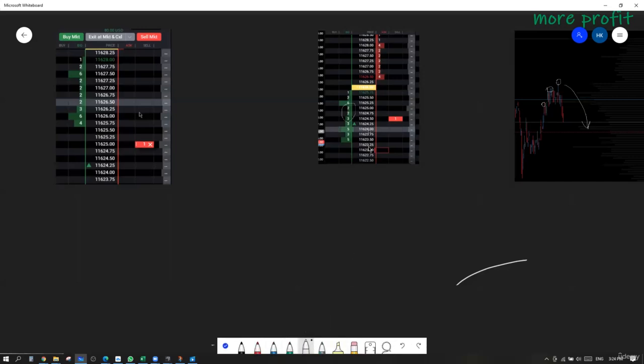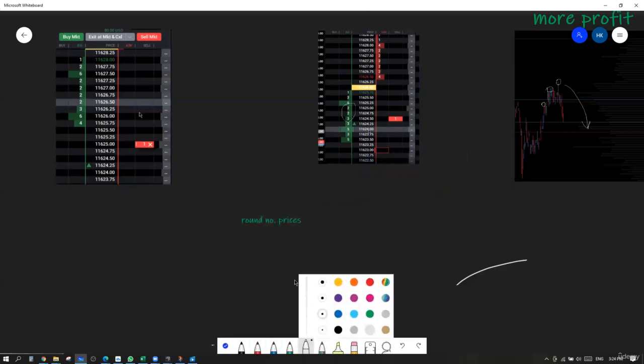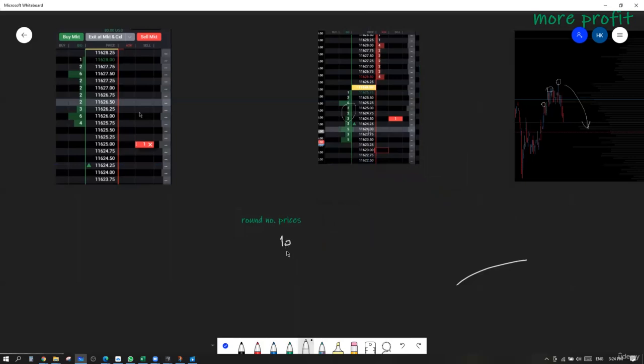First, the round numbers. As you can see here on the ladder, the NASDAQ is standing at a price of 11,626. The first thing we need to know is how to interact around round number prices. Basically, round number prices like 10, 15, 20, 25 are what we call round numbers.